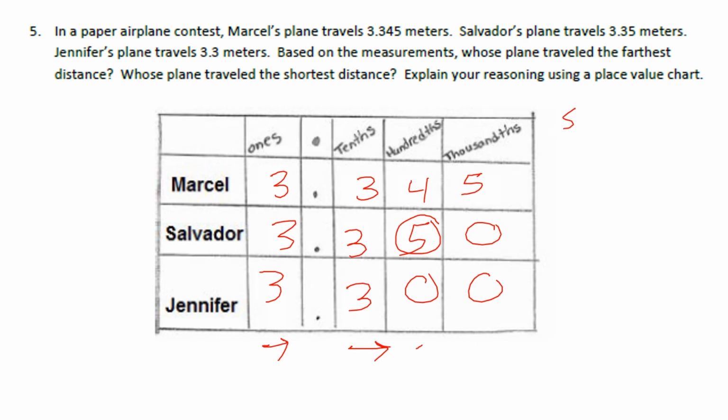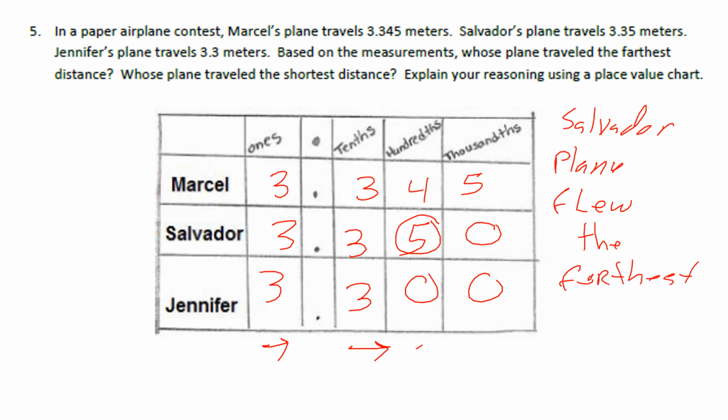So Salvador's plane flew the furthest, and as we can see down here, Jennifer's traveled the shortest distance.